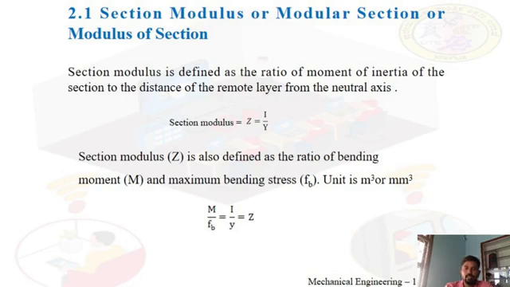So M by Fb is equal to I by Y is equal to Z, that is section modulus.